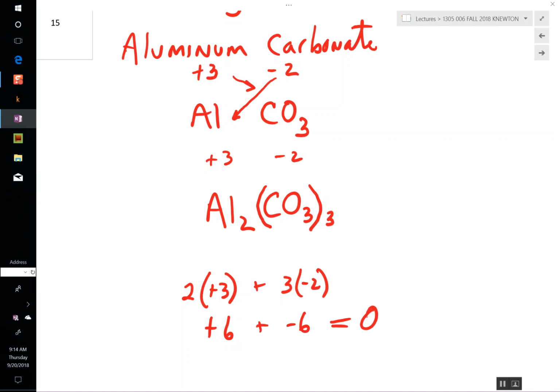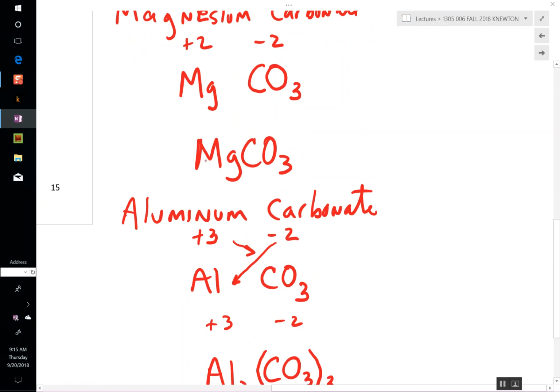We're using the same pattern, but if it is polyatomic, if there's more than one atom in this ion, then you need parentheses around it if you have a subscript after it. You can see up here, magnesium carbonate, I didn't use parentheses. Why? There's only 1 carbonate. I don't need parentheses. I only need the parentheses when there's more than 1.